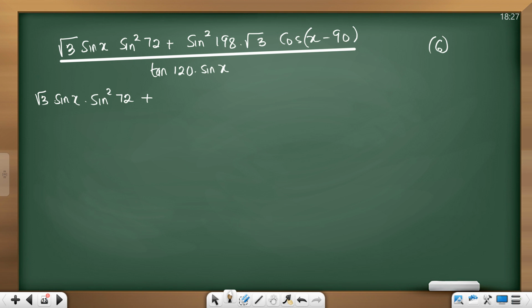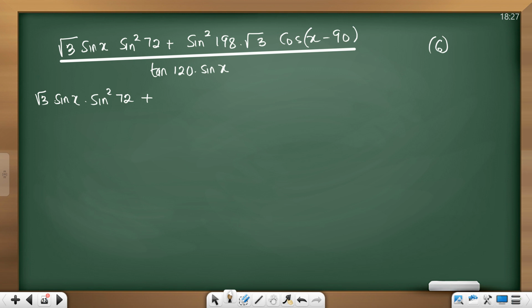Let's reduce sine 198. That should give you sine 18, yeah, negative sine 18. Don't square it yet. Now we square that.